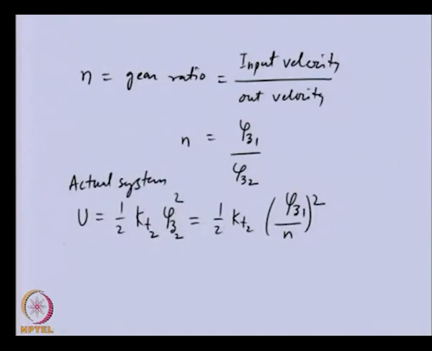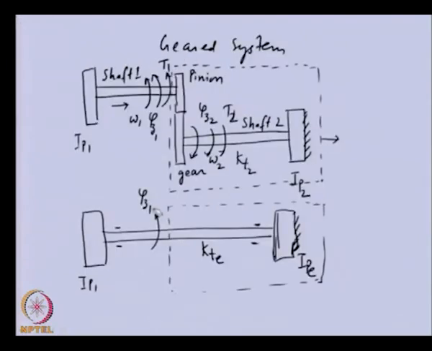For the equivalent system, we can obtain a similar strain energy, because the torsional stiffness of the equivalent system is KTE. Here again, whatever angular displacement we are giving at this point, the same displacement this particular shaft is getting.